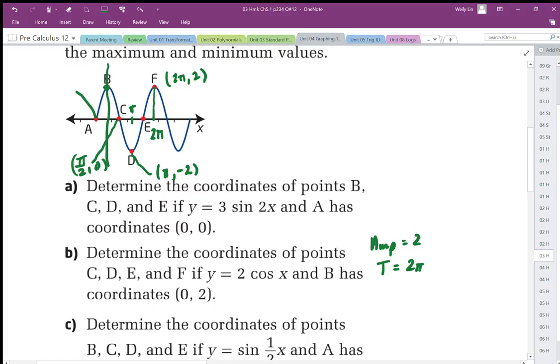Again, we can find halfway between pi and 2 pi, which is 1.5 pi, or we can count backwards a quarter period, and the quarter period is pi over 2. So the average of 2 pi and 1 pi is going to be 3 pi over 2. That's the x position of E, and it's along the x-axis, so the y is going to be 0.